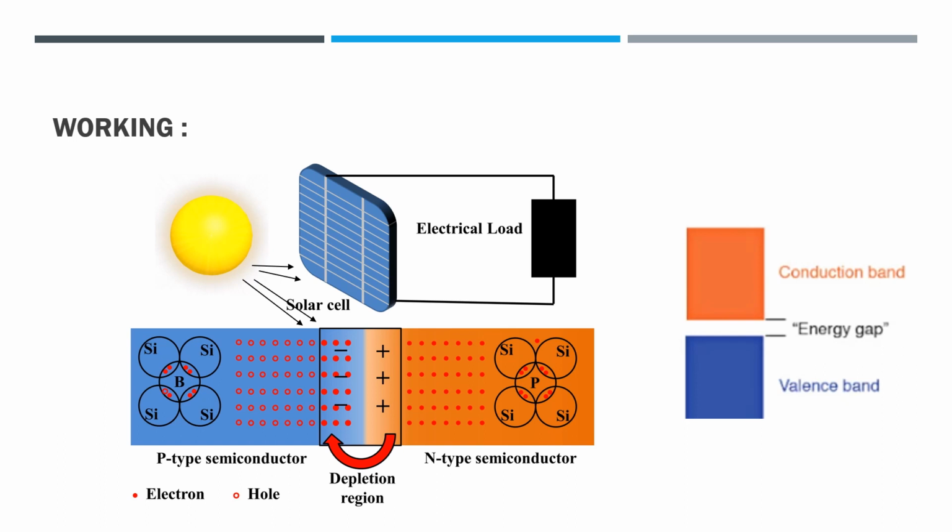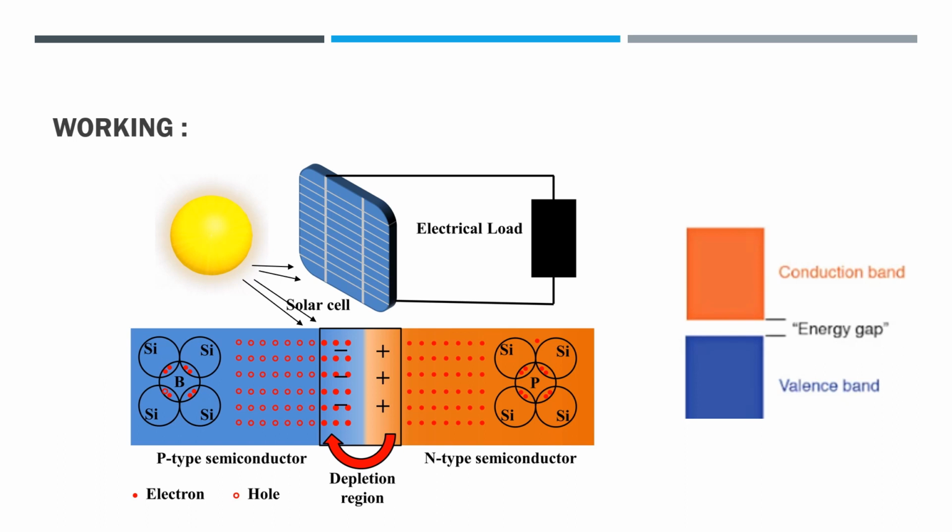When sunlight photons fall on the valence band with sufficient energy, that is more than the band gap, some of the electrons absorb that energy and use it to jump into the conduction band.